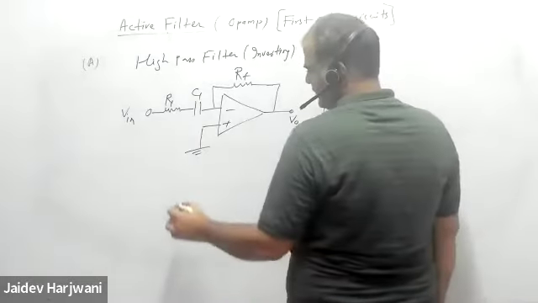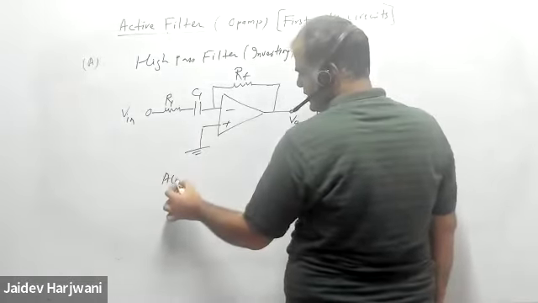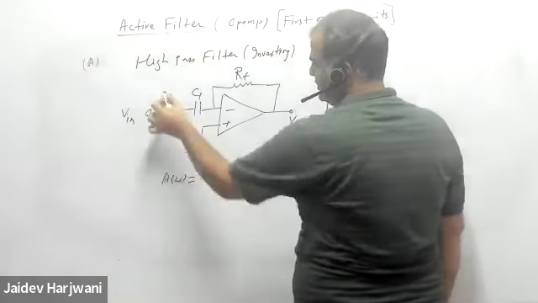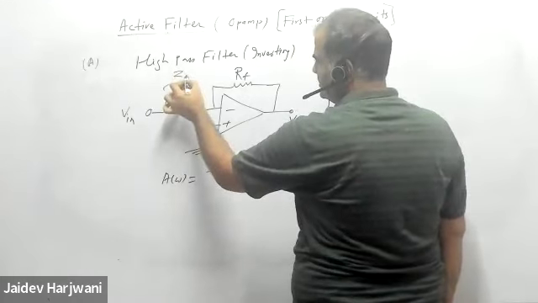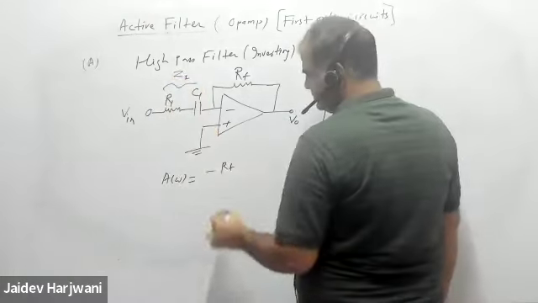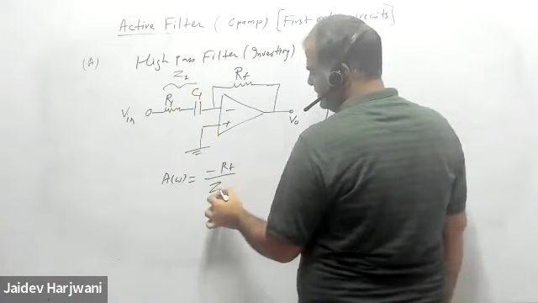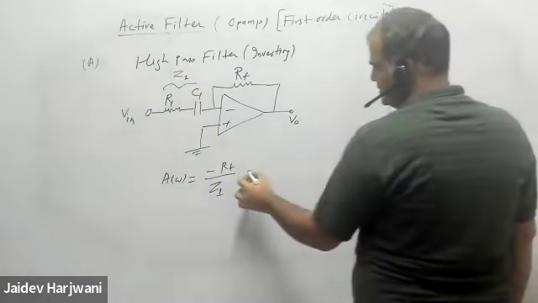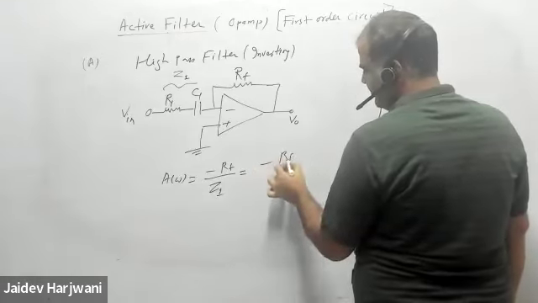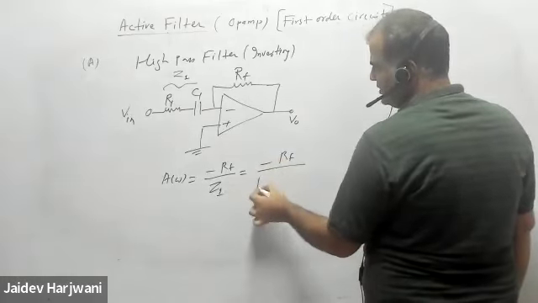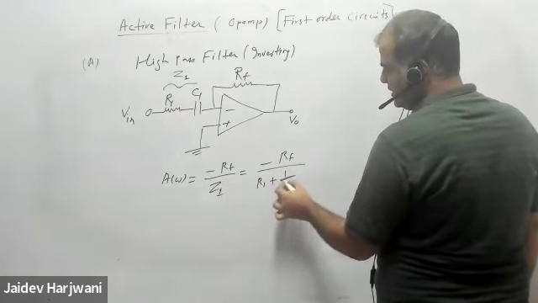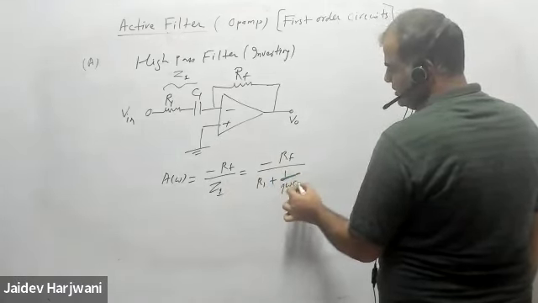Let us say I have to write the gain. The gain will be minus RF upon Z1, say this combination is Z1. So minus RF, where Z1 is R1 plus 1 upon J omega C1.